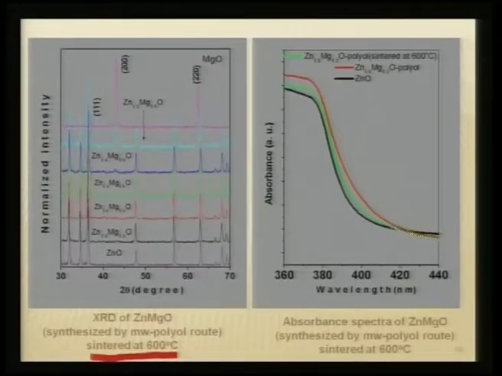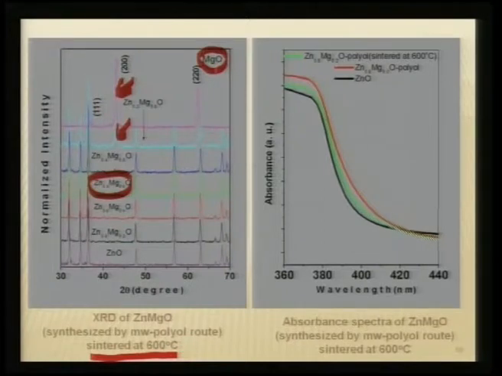I am going to take those powders and heat them at 600 degrees. You would see that the magnesium oxide pattern is this, and as you heat it beyond 50% of zinc doping, you can see that this signature is popping out, which is purely coming from magnesium oxide.